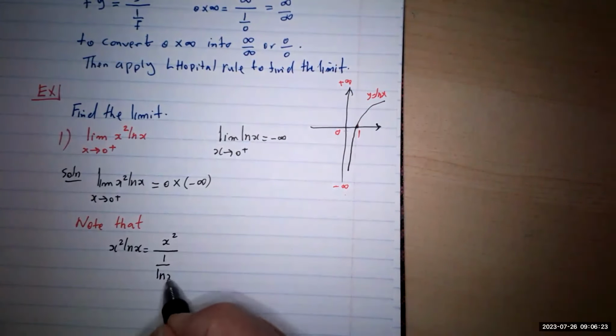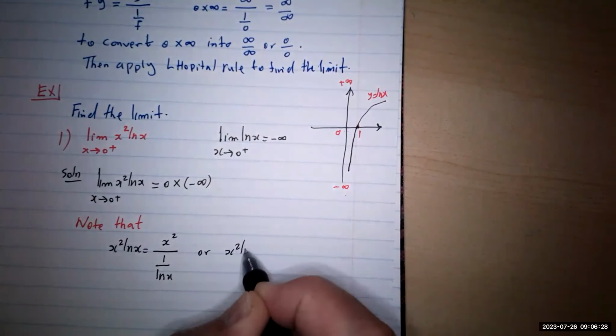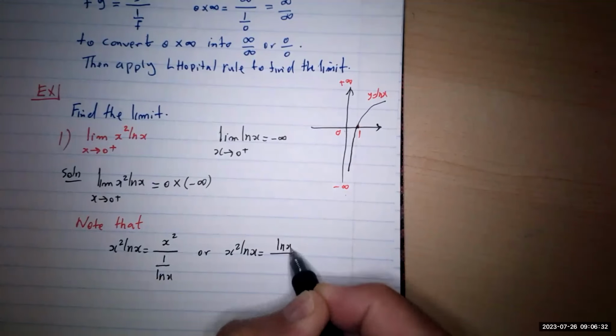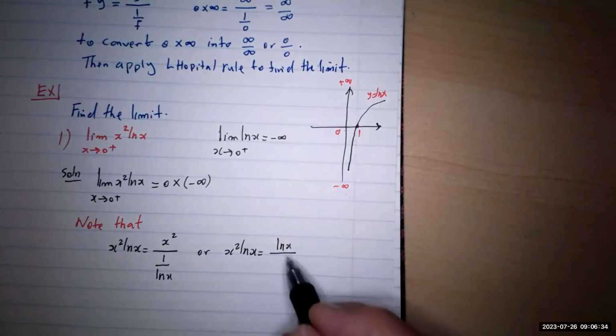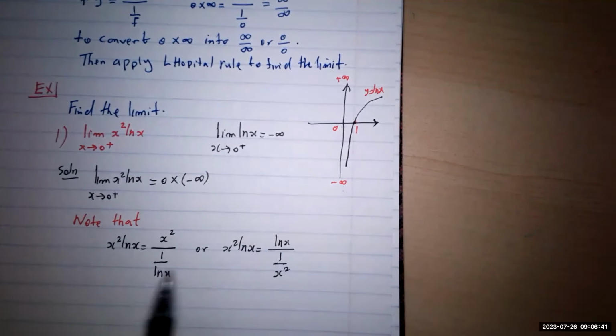Are you going to use this one? Or are you going to use this one? x squared ln x equals, you put the ln x on the top, and you move the x squared down, we flip the x squared. Which one are you going to use, the first one or the second one?